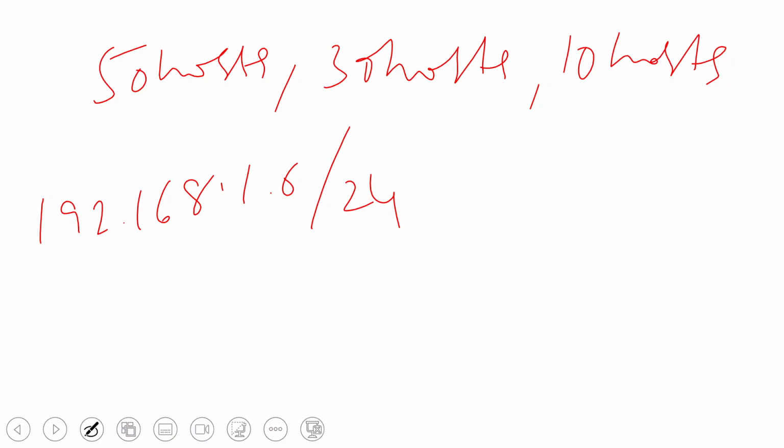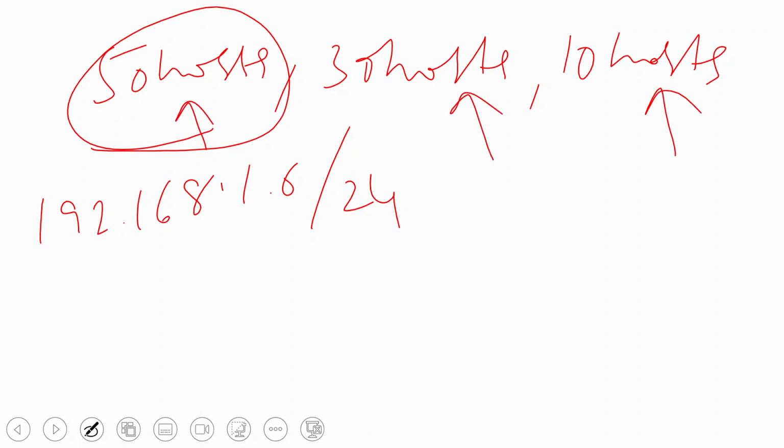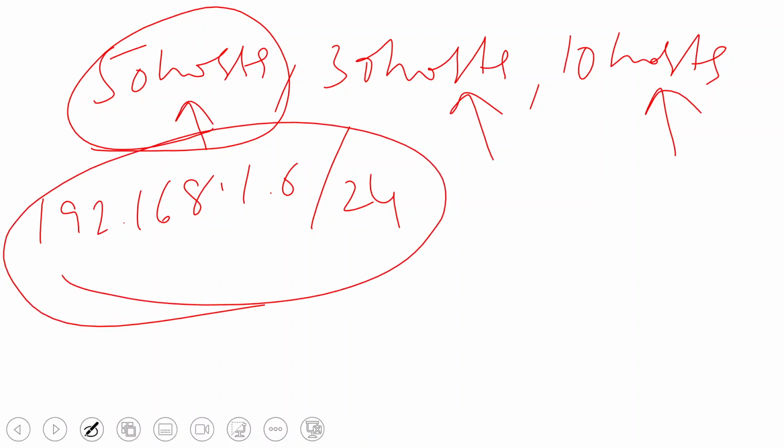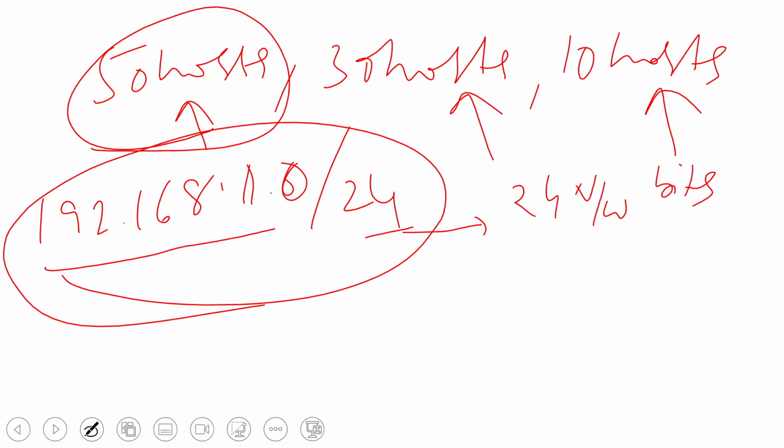So the interviewer's requirement is a network where you can have multiple departments. In each department you want to fit 50 hosts, 30 hosts and 10 hosts. Then how do you subnet with this IP address? So let's go with the basics. Here you have 192.168.1.0 slash 24. Slash 24 means 24 network bits. And how many host bits would you have? 32 minus 24, which is 8.